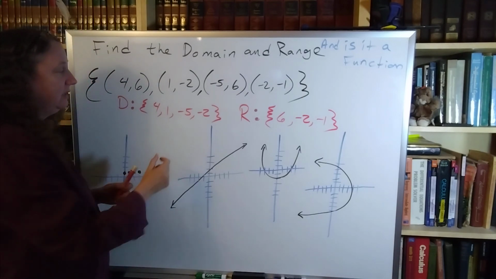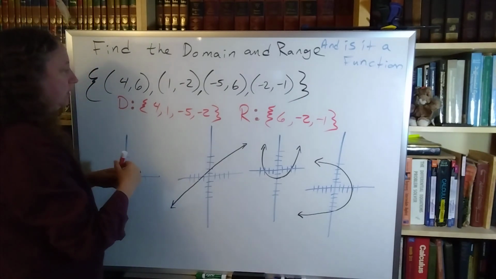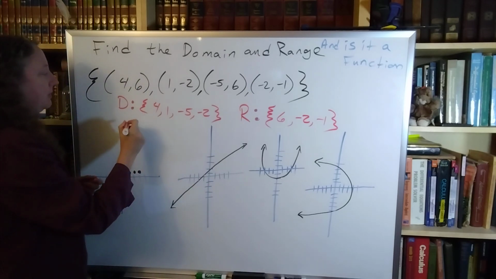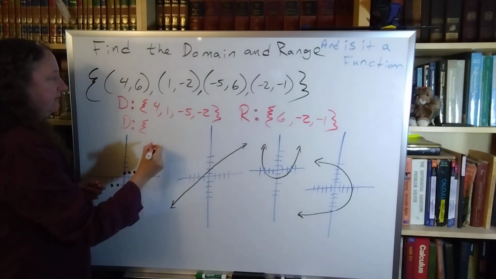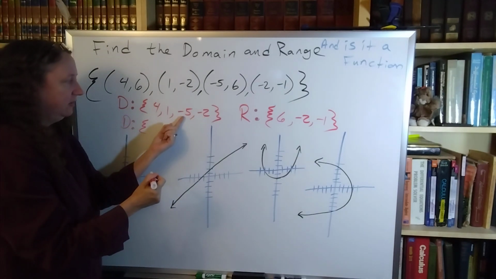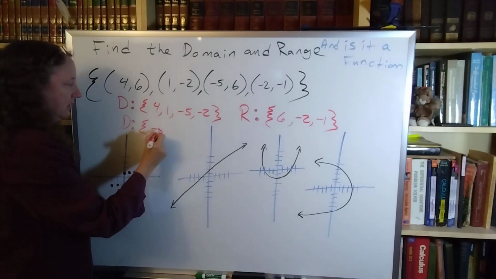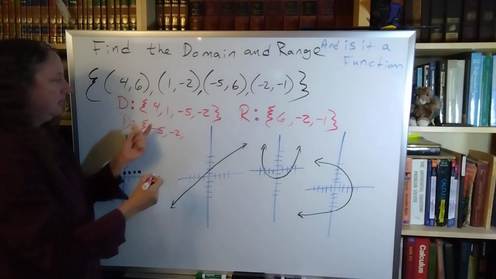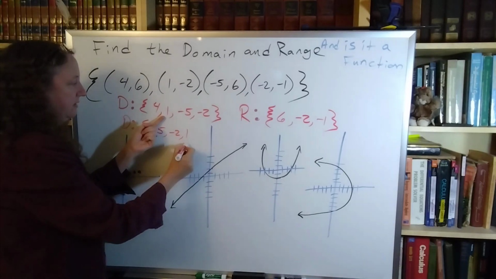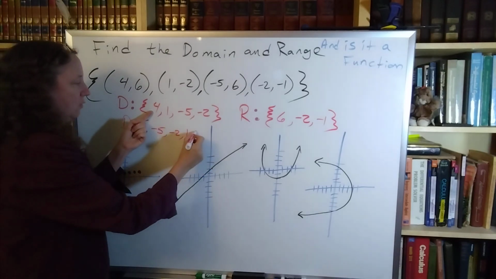The best way of writing it would be to put the smallest number first. So this properly should be done as domain is the set of numbers. The smallest one in this set is the -5. Next smallest, -2. Next the +1, and then the +4.